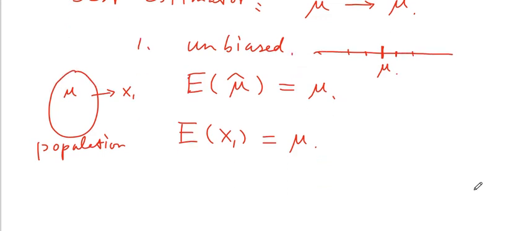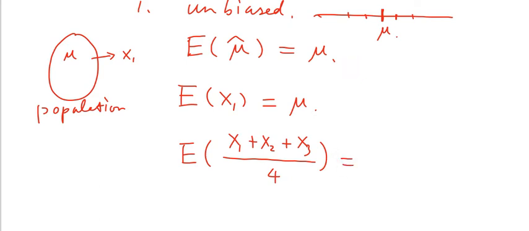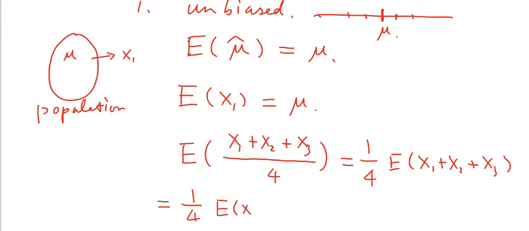So we can find that the expectation of x1 plus x2 plus x3 over 4 equals one quarter times the expectation of x1 plus x2 plus x3.